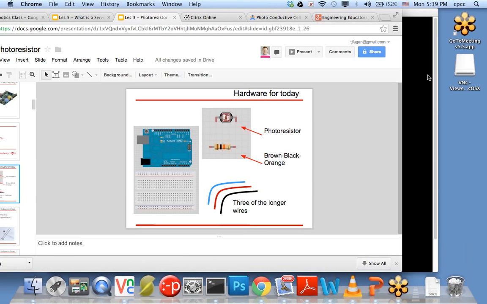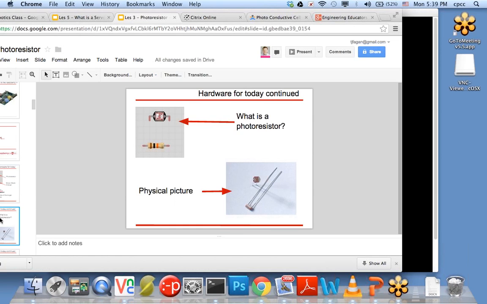Perfect. It's going to be a little bit longer before everybody has this, and these are the components you will use for today. Let's move on, because you know the basic Arduino, you know the half breadboard, and we have 3 wires. Now let's move on. So what is a photoresistor?